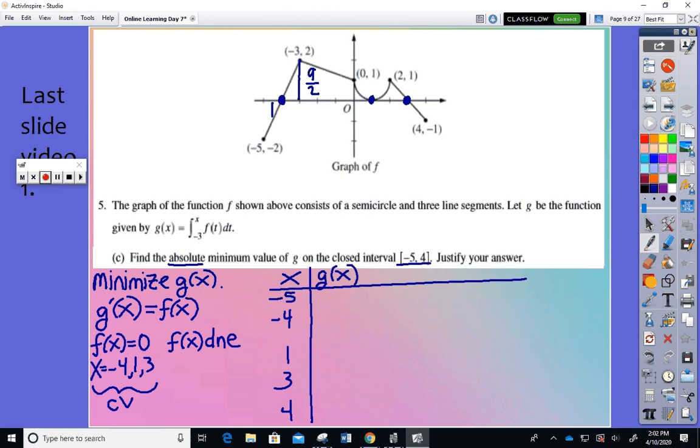Now, it looks like the area of this triangle is 1/2 base times height. So the base is 1, the height's 2, 1 times 2 is 2, half of that's 1. And I think this area is also 1. So it looks like if I add them, they'll cancel out since one's a positive and one's negative.